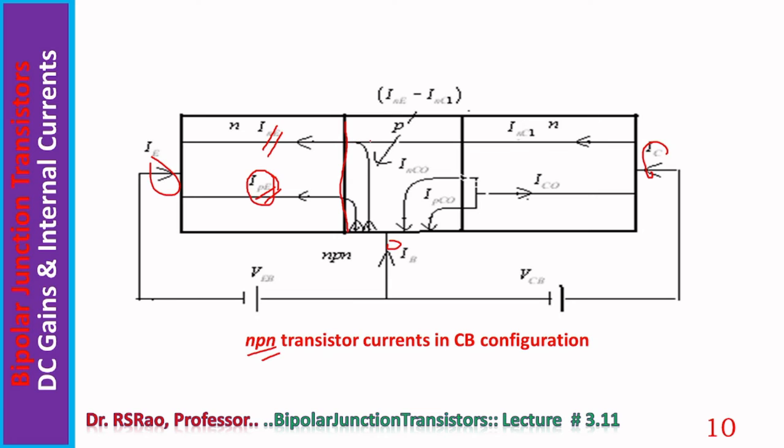It travels, flows like this. A part gets dropped in the base region, a small part, recombination. The remaining reaches the collector. It is called INC1. IC is mostly contributed by INC1. IC0 is reverse saturation.